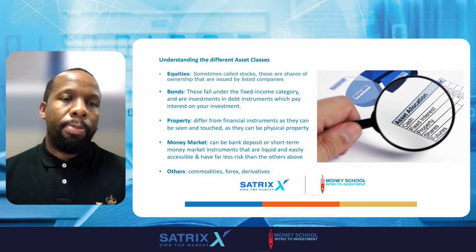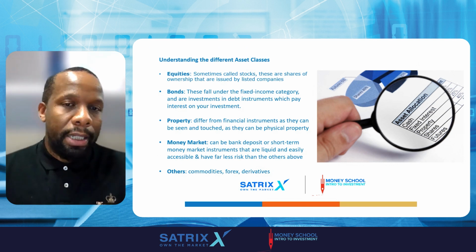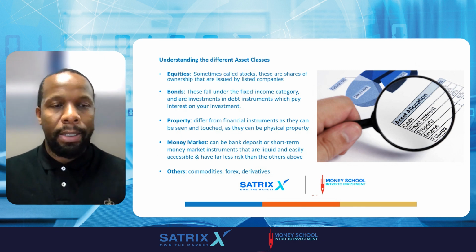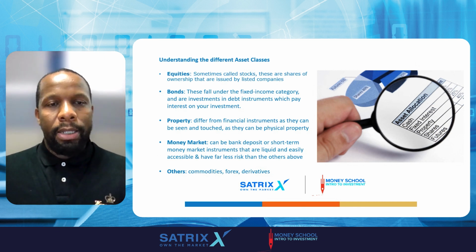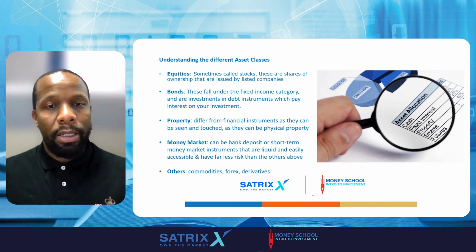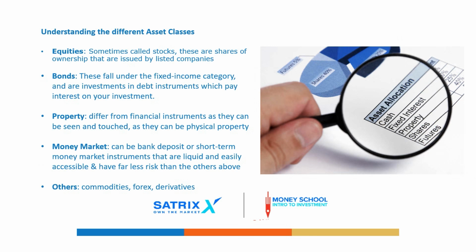The next one is bonds. This is a fixed income asset class, and basically your investment is in a debt instrument which pays interest on your investment. It's sort of like loaning a company your money, and because they're using your money to grow or buy more assets for their own targets, they also give you interest on the amount that you gave them.